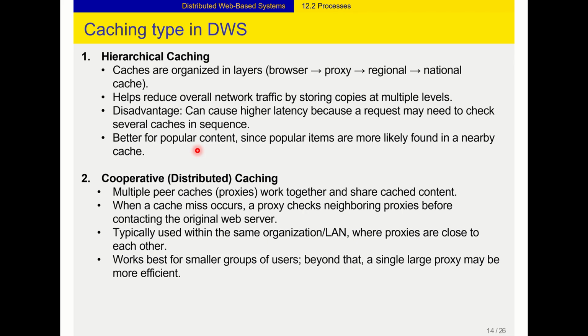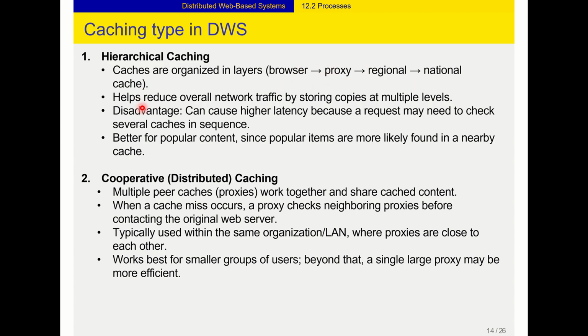But that is in the traditional architecture, where you have a client and a single server. In a distributed web-based system, we have two ways to provide caching. The first one is hierarchical caching. Caches are organized in layers, meaning we have browser, proxy, regional and then national cache.